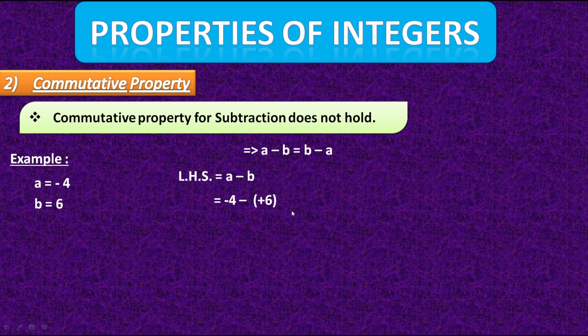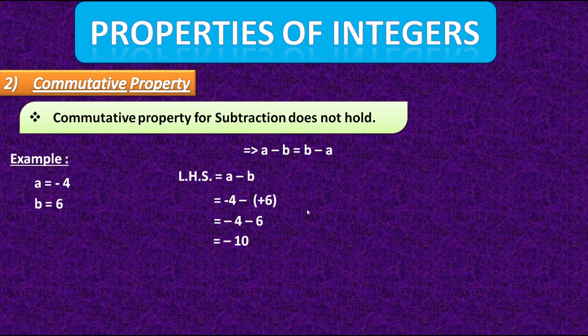So this plus 6 will become minus 6. So minus 4 minus 6. Now both the numbers have the same sign, so we have to add. 6 plus 4 is 10 with a minus sign because the bigger number is 6, which has the minus sign. So the answer is minus 10.